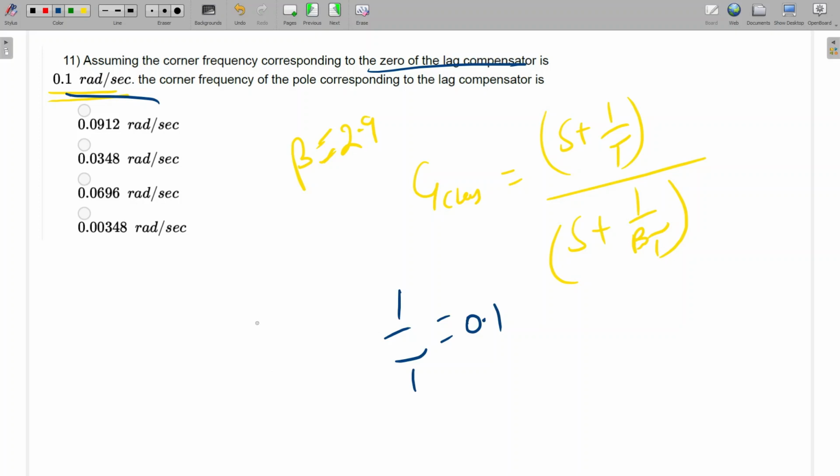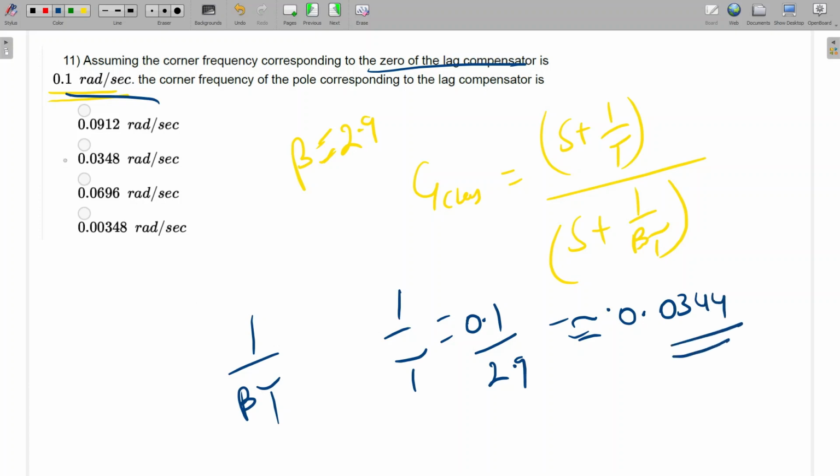So 1 by beta tau will be equal to 0.1 by 2.9, which is approximately 0.0344. So the second option is the correct option.